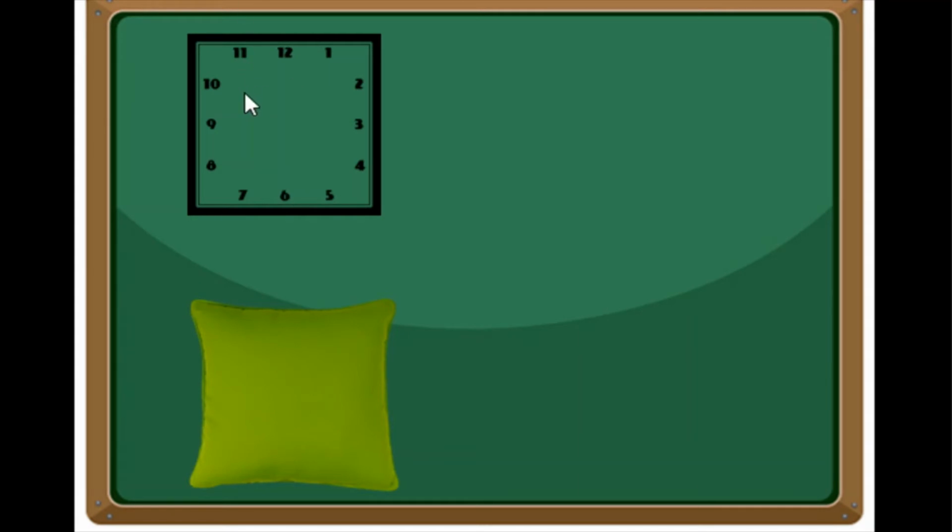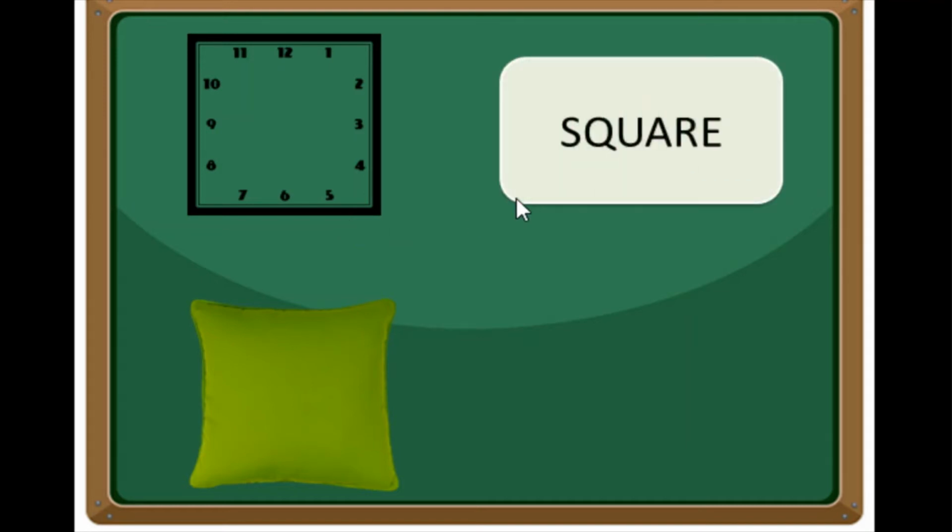Let's have the clock first. Is the clock a square or a rectangle? Very good! It is a square with 4 equal sides.